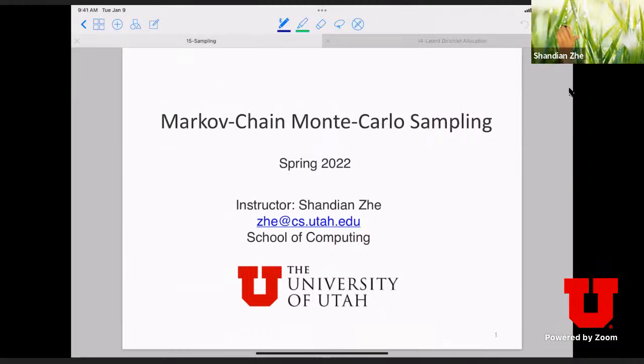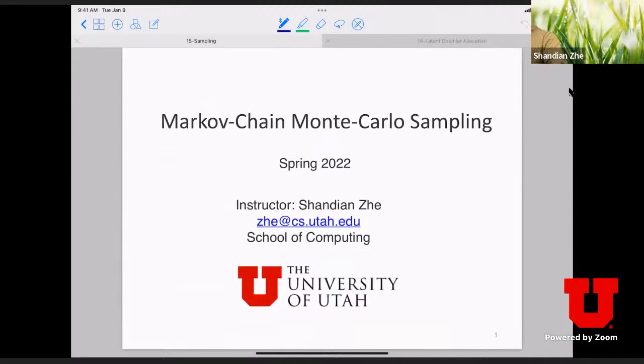From today, we're going to discuss another branch of Bayesian inference techniques, which is called Markov chain Monte Carlo sampling. For brevity, it is also referred to as MCMC. I bet the history of MCMC is even longer than that of machine learning.